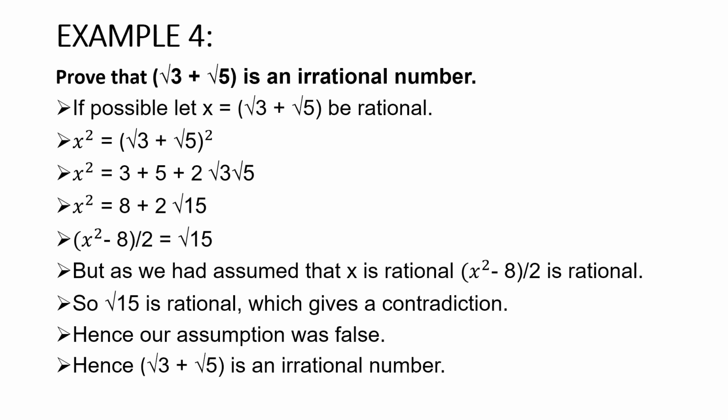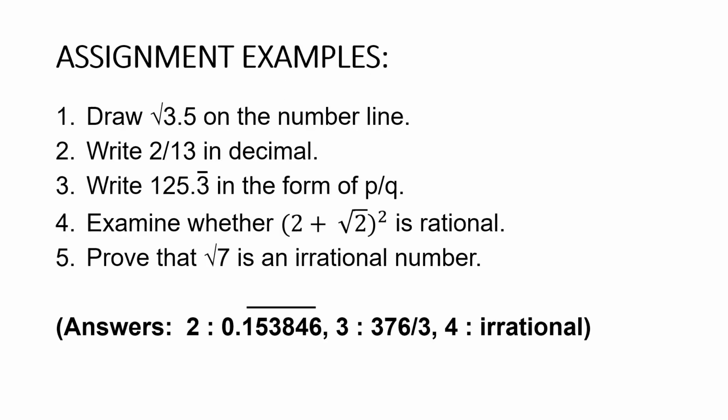But we had assumed that x is rational. So x square minus 8 by 2 will also be rational. So root 15 will also be rational. But this gives us a contradiction because root 15 is irrational. Hence our assumption that root 3 plus root 5 is rational was false, and hence root 3 plus root 5 is an irrational number. Based on the solved examples, these are some assignment examples.